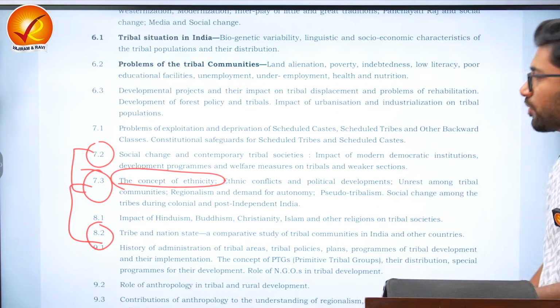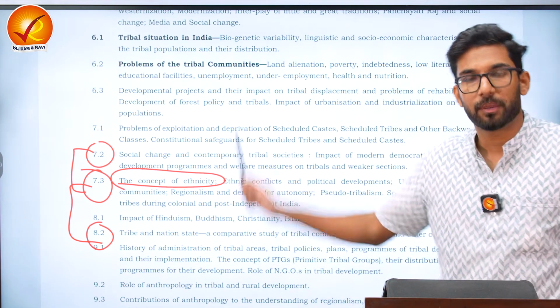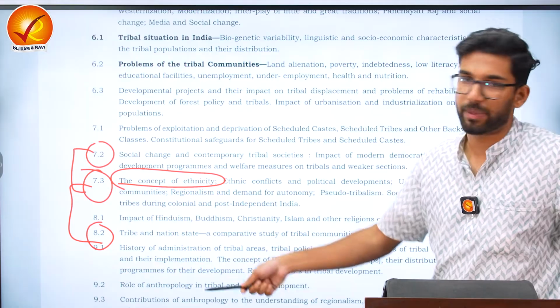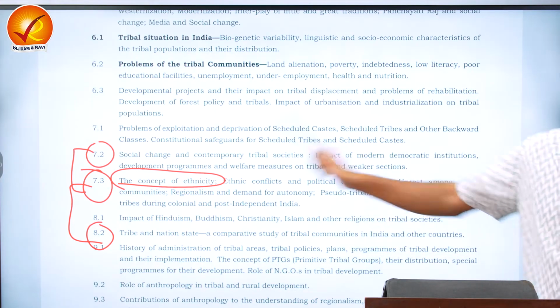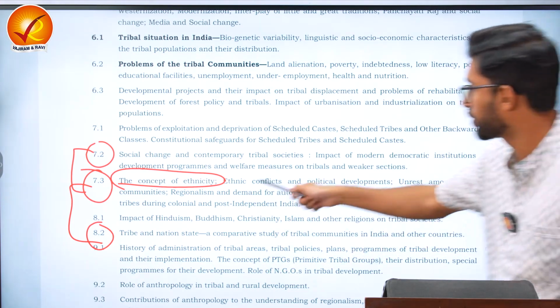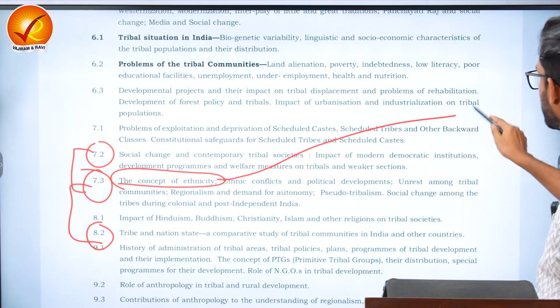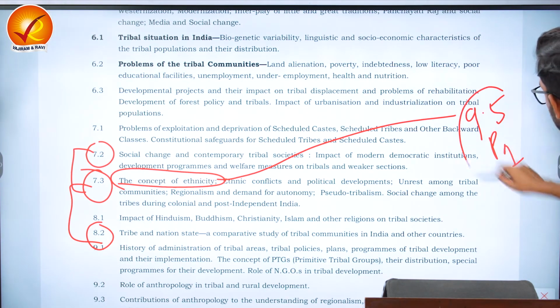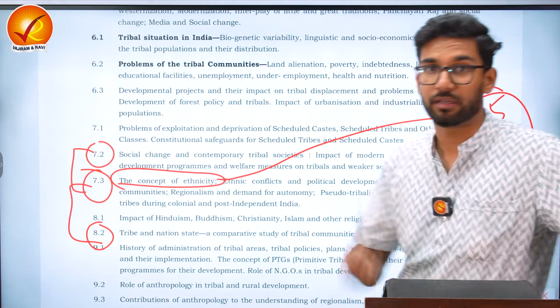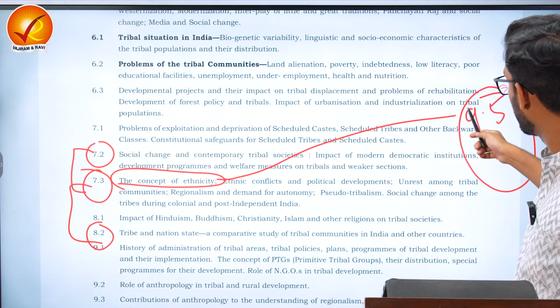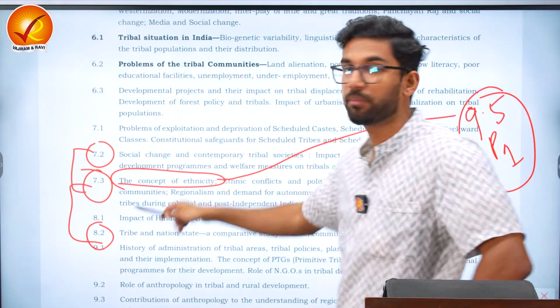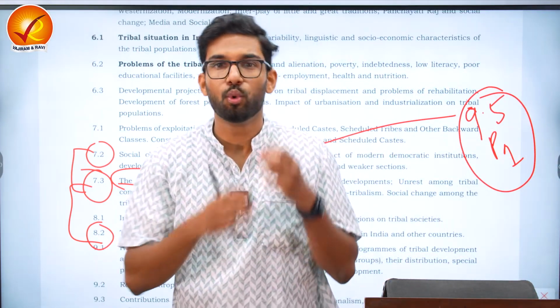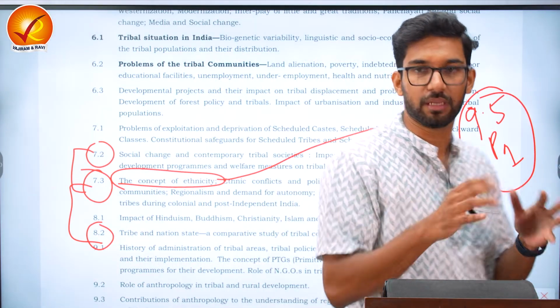People usually do not prepare on these topics, but if you prepare, they are highly rewarding, because the concept of ethnicity is related to 9.5 of paper 1, which is race and racism. So you could interlink both of these and come to a very nuanced understanding of these areas.